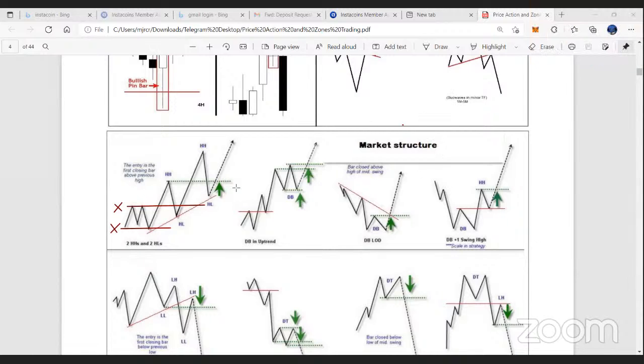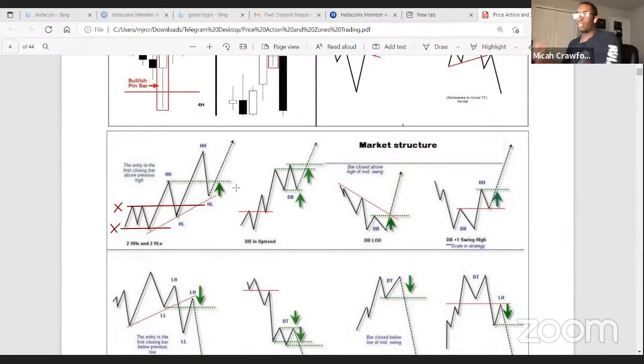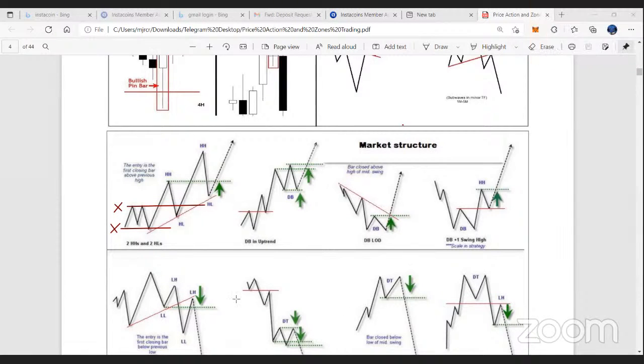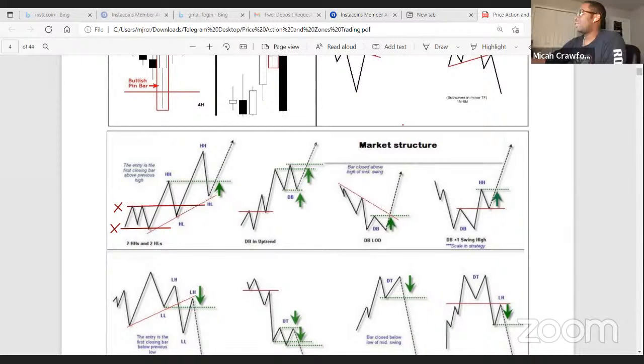When the consolidation started to go upward. Correct. What was that, Ms. Pound? Ms. Pound, you there on Clubhouse?